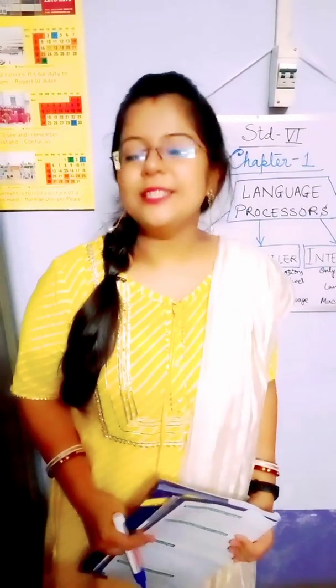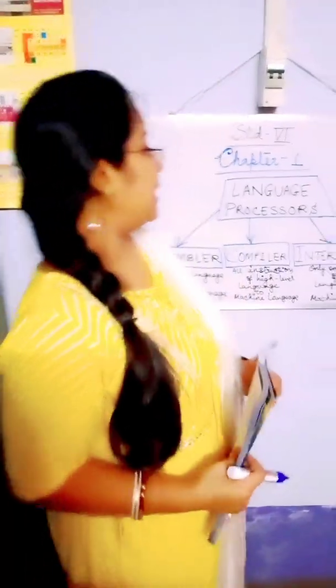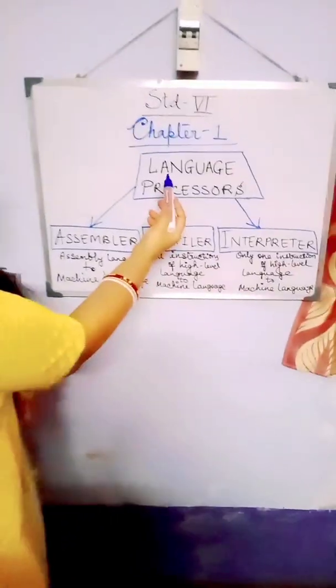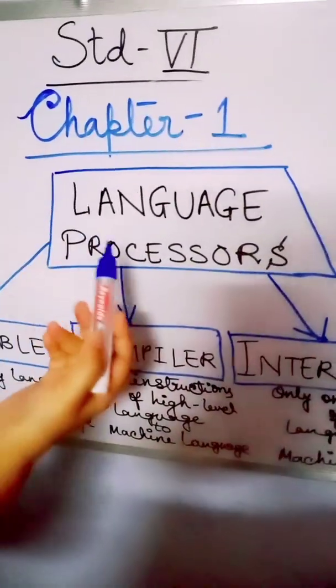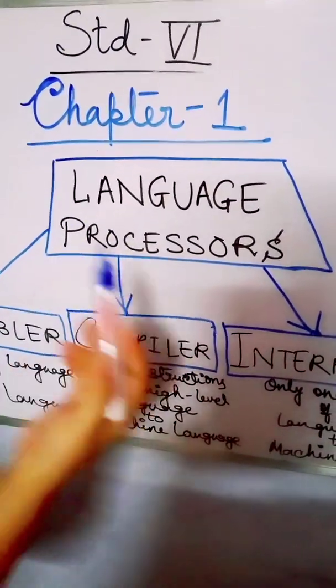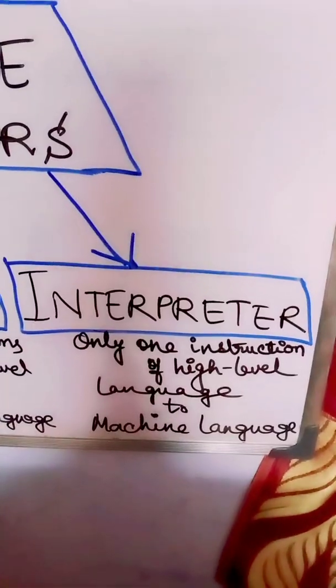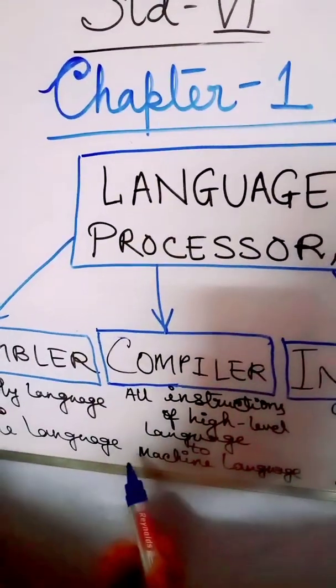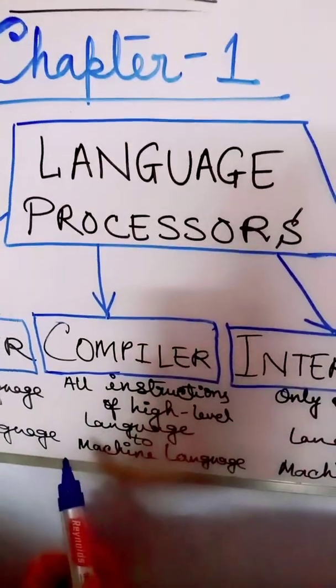So students, now we are going to study about the language processors. The computer hardware understands only its machine language. Therefore, all high-level languages must be converted into machine language programs before they can be executed by the processor.